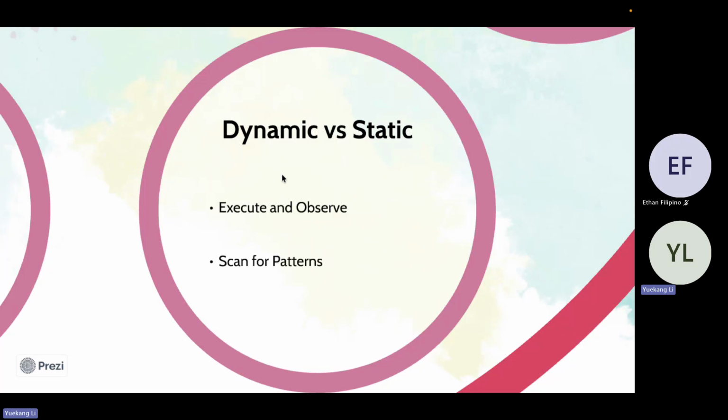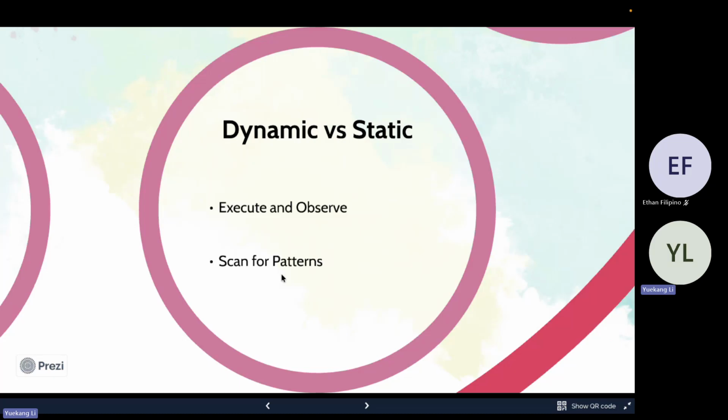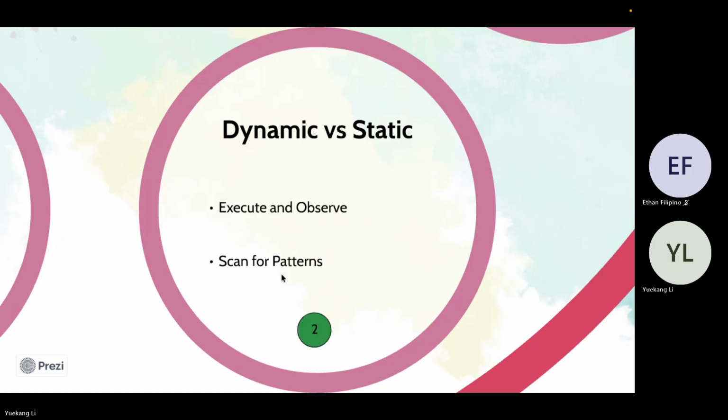Static analysis is more about having the source code or the artifact of the software static there, and then we scan through the artifacts to look for some patterns. For this, you also need to be able to briefly explain why testing is considered dynamic.